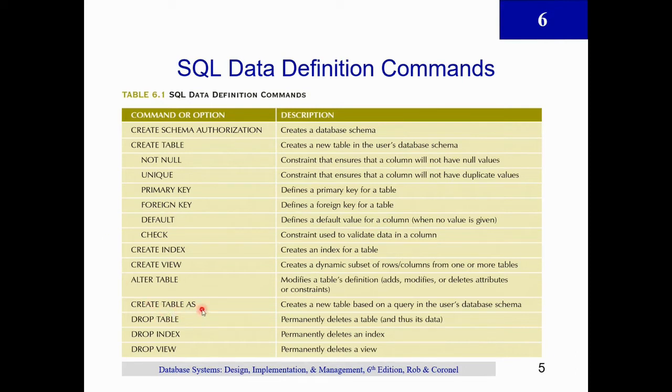So kita create table as, nama table yang kita nak duplicate tu. Okay, so means kita akan create satu table yang mengandungi kolom-kolom yang sama dengan table yang telah di create lah. Okay. And then drop table to permanently delete table, drop index, permanently delete index, and drop view, permanently delete view.